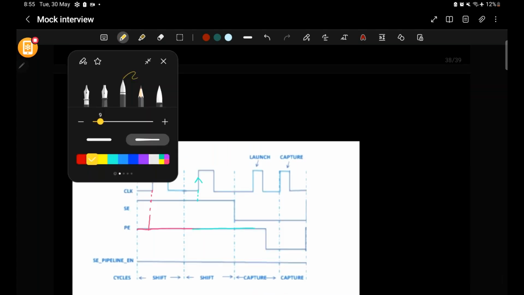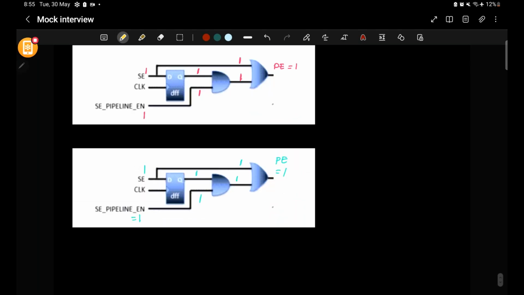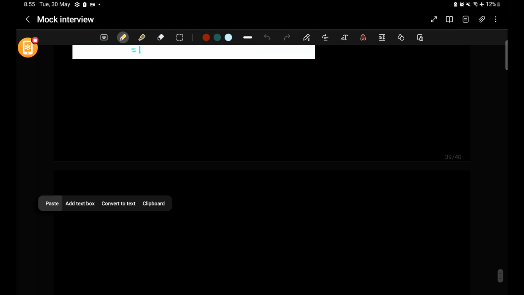Now at this pulse, it will see that scan enable is 0. So this will be equal to 1, this is 1, scan enable is 0, so here it will be 0. The output here is 0. So pipeline scan enable will be equal to 0.